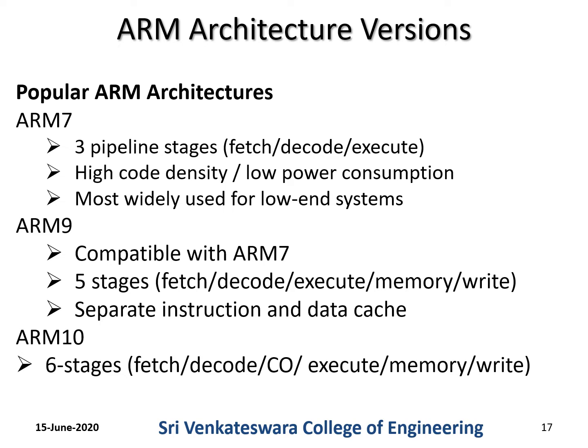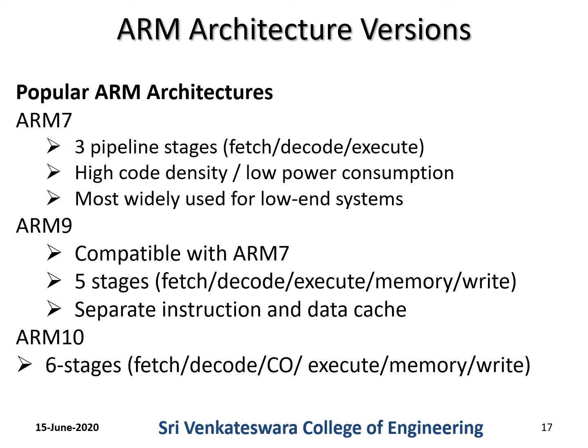From here onwards, we will be seeing ARM architecture versions. Some of the popular ARM architectures are listed below: ARM 7, ARM 9, ARM 10. Even more advanced versions of ARM architectures are presently available, but we will only be seeing the basic ones. Each ARM architecture has a different number of stages in its pipeline.